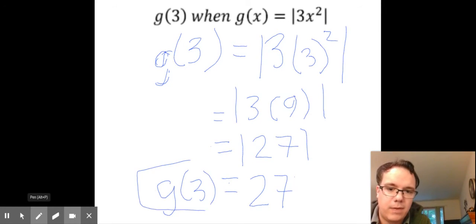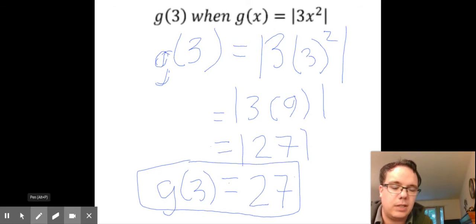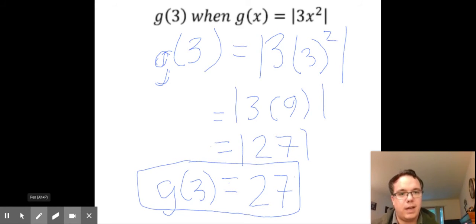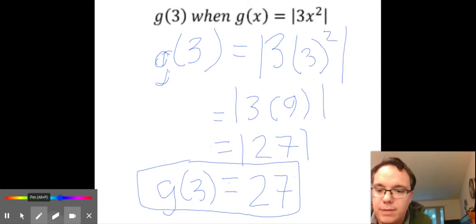So again, if I plug in 3 from my domain, I get 27 in my range. I know the point 3, 27 is on the graph of this function, which we learned in Algebra 2 and geometry is a V shape, because absolute value takes all those negative values and folds them back up to be positive, because remember, distances cannot be negative.